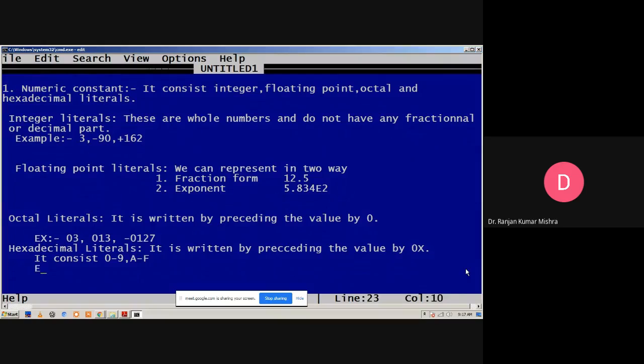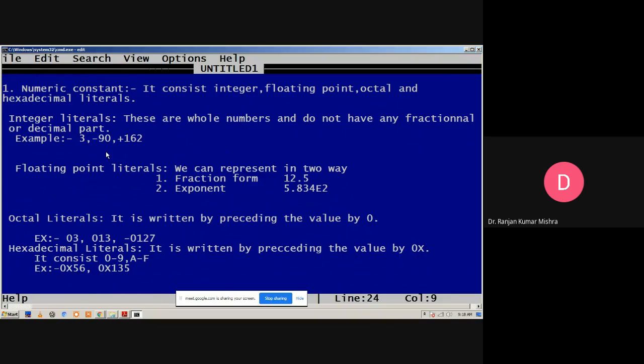For example, we can see, and we also see the practicals, then we can easily understand. For example, 0x56, next 0x135. This is the example of hexadecimal literals. Now this is the numeric constant, that means the numeric literals.